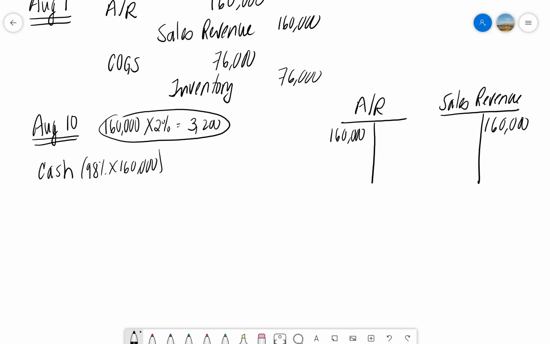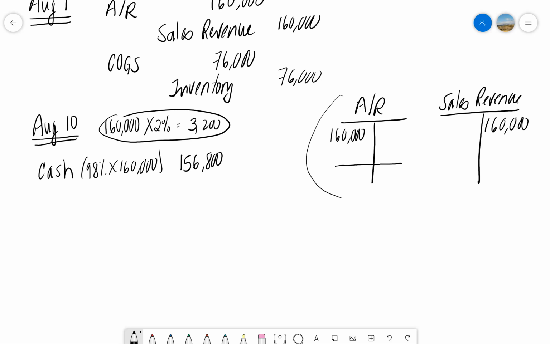Remember, we're giving them a 2% discount. So the cash that we're going to collect, our debit to cash, is going to be $156,800.